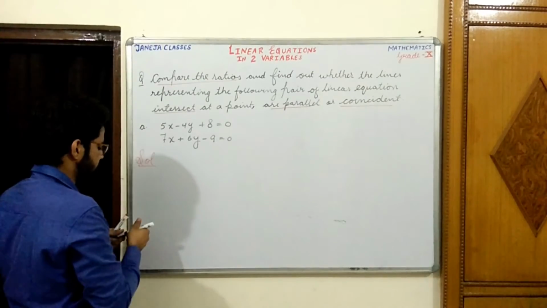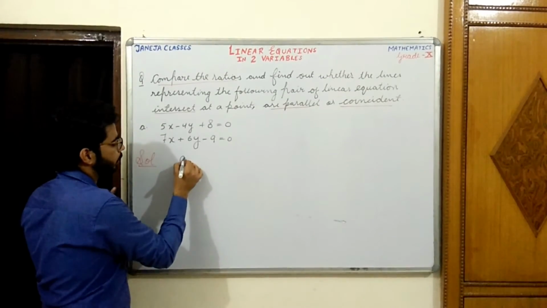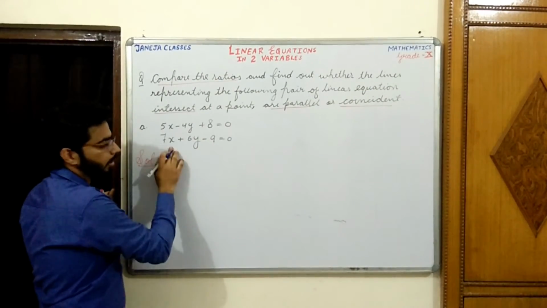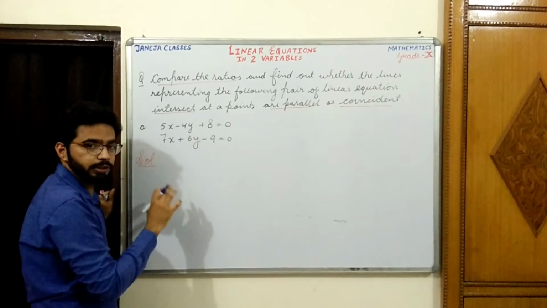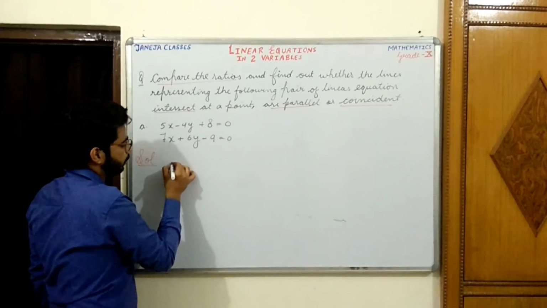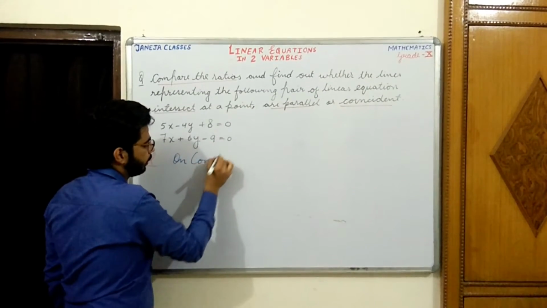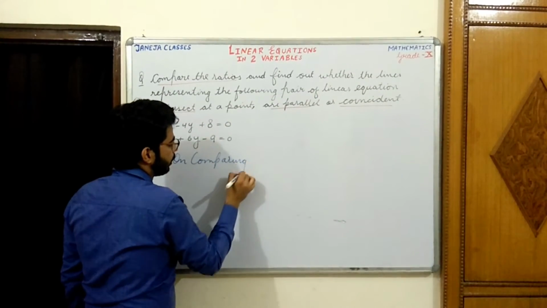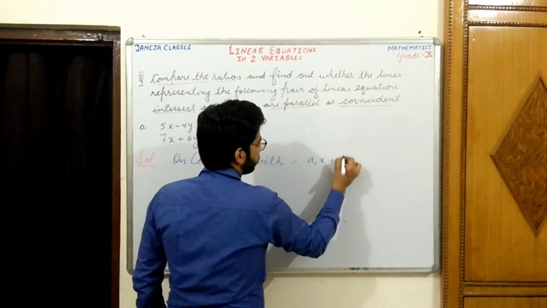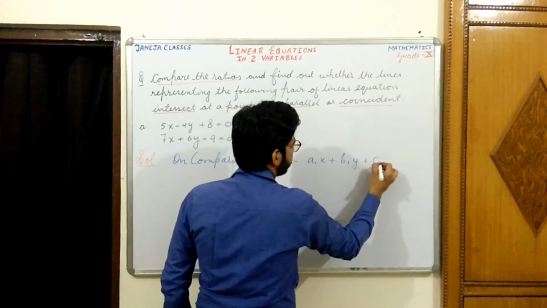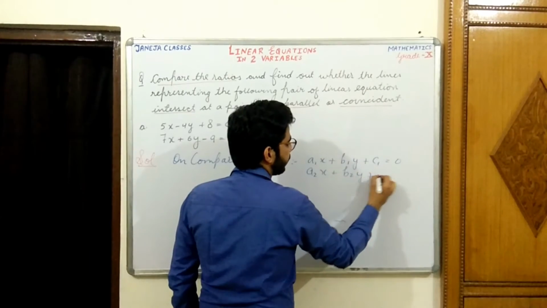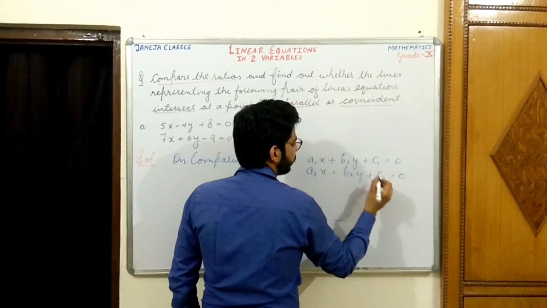See, first of all, this is the first equation and this is our second equation. We have to compare both the equations with the standard form, a1x plus b1y plus c1 equals 0 and a2x plus b2y plus c2 equals 0.